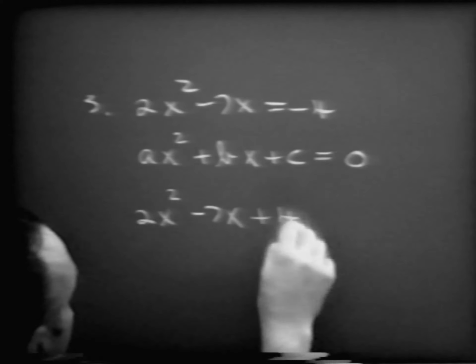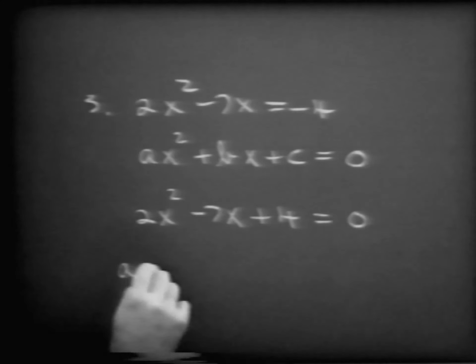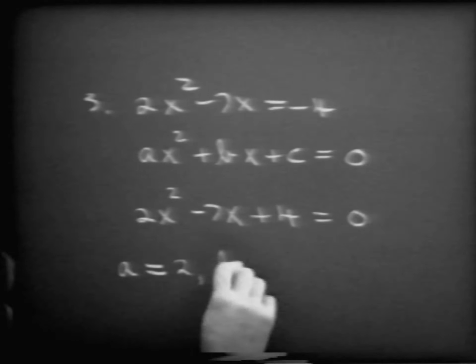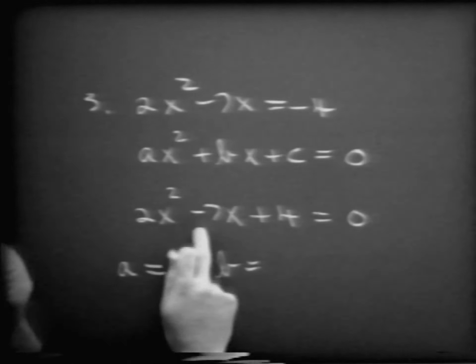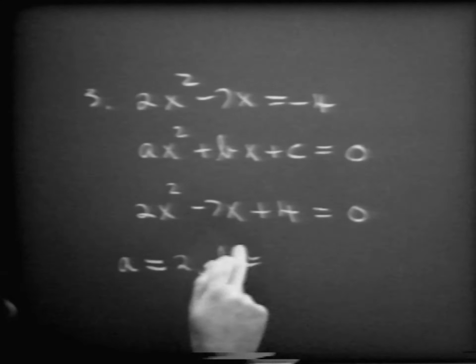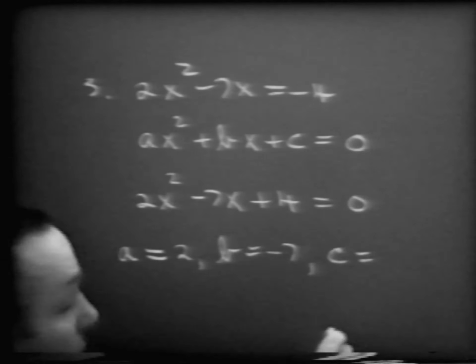Add 4 to both sides in order to give us equal to 0. Is that right? Now I think it's a good idea for us to indicate what the values of a, b, and c are. What's a equal to in this case? 2. A is equal to 2. B is equal to negative 7. Does everybody appreciate that this is 2x squared plus a negative 7x plus 4? Is that right? So b is negative 7, and c is equal to 4.